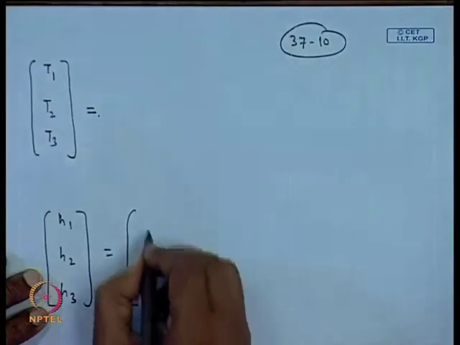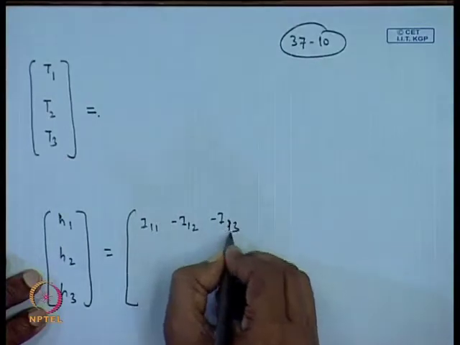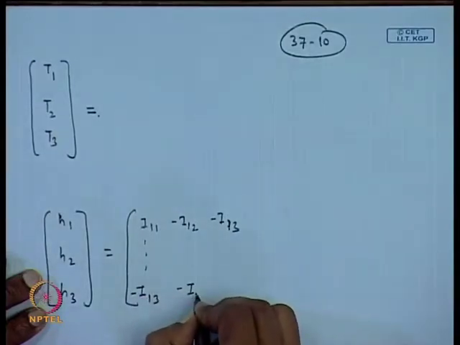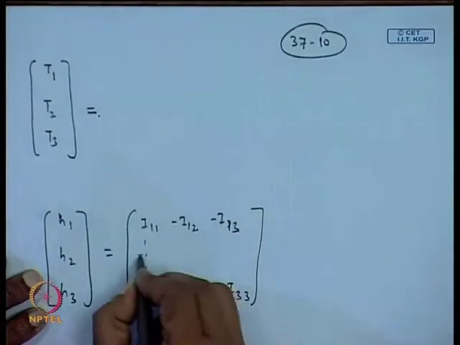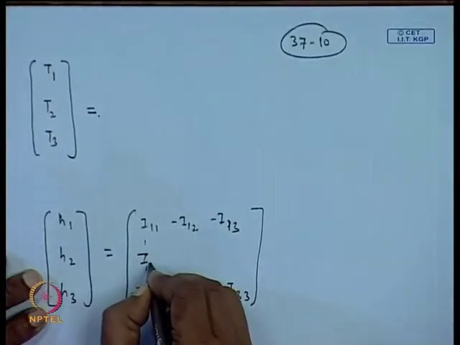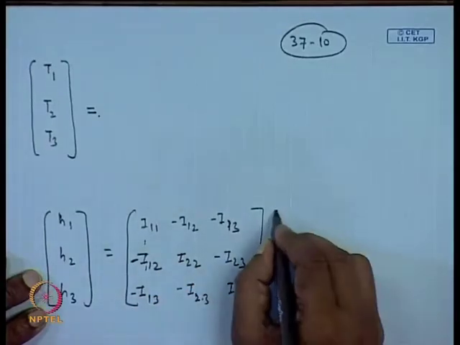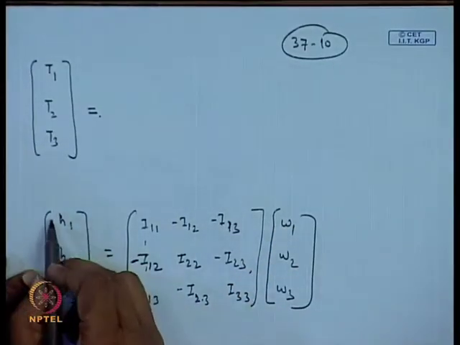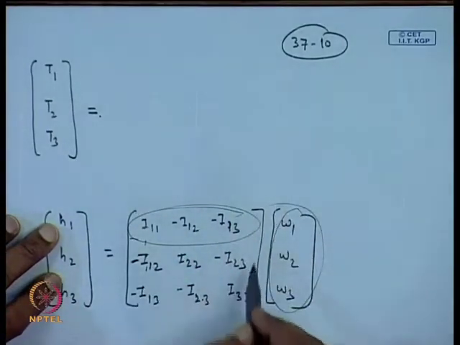This we have written as the I matrix: I11, minus I12, minus I13, minus I12, I22, minus I23, minus I13, minus I23 and I33, multiplied by omega1, omega2, omega3. So, H1 dot is the product of this vector and this one.